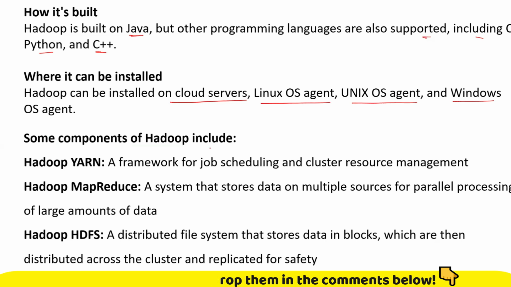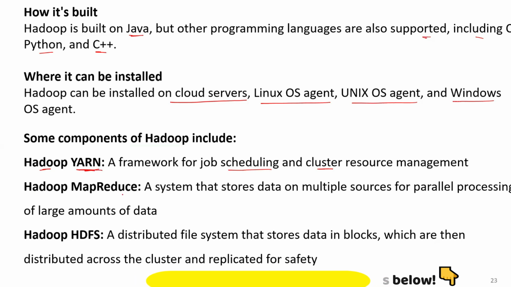Some components of Hadoop include Yarn, a framework for job scheduling. Yarn is used for scheduling the jobs and cluster resource management. So it will be managing your compute power, and that tool is called Yarn.